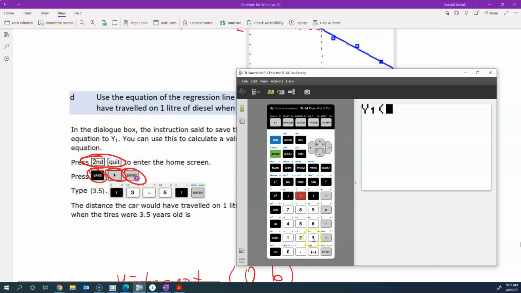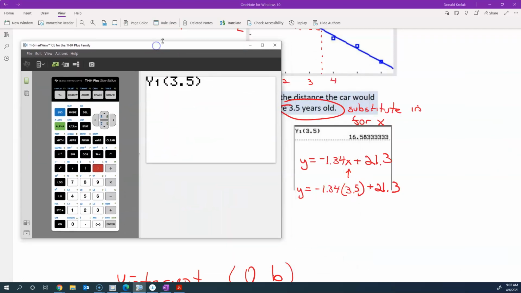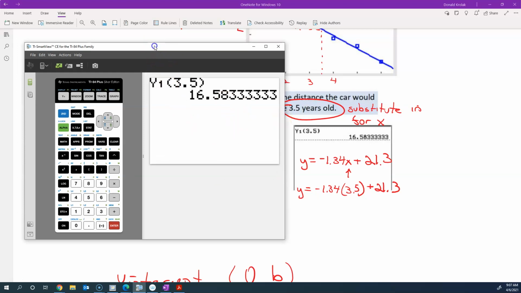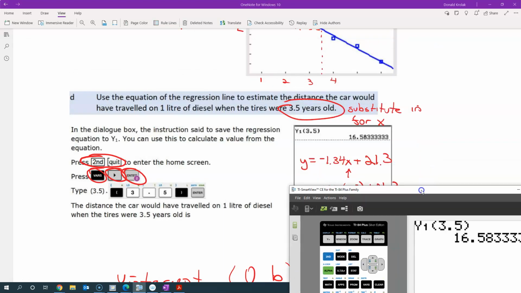Parenthesis, 3.5. Now it's going to plug that 3.5 into that long version. Hit enter. What this does is put the 3.5 in the stored version of your equation. Then you round your answer.